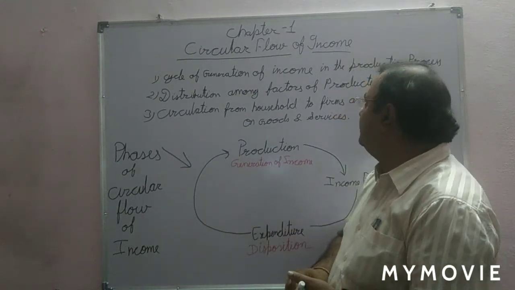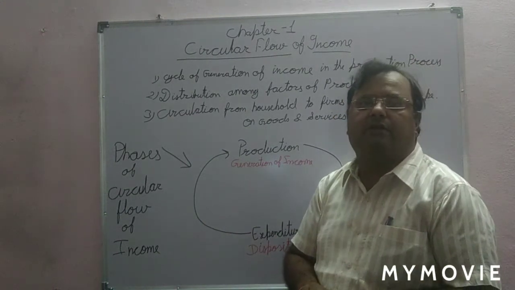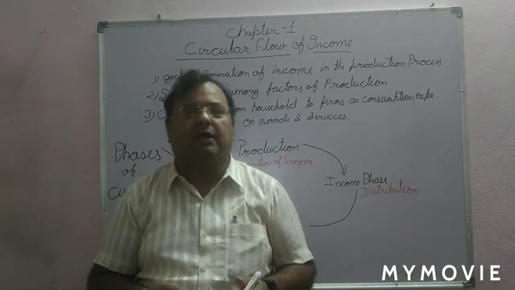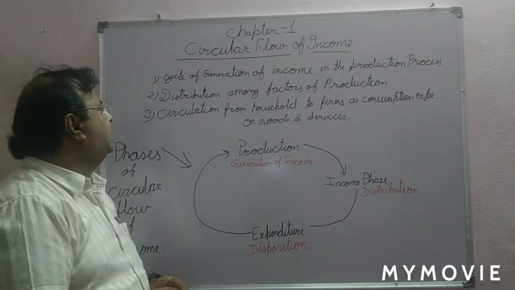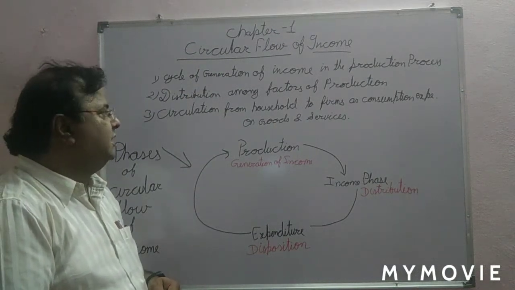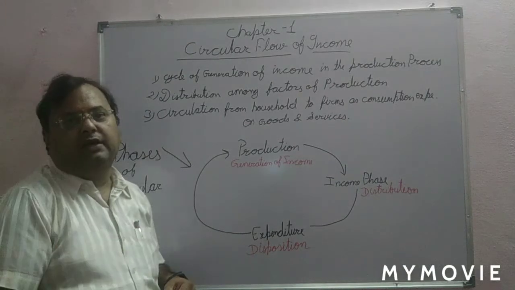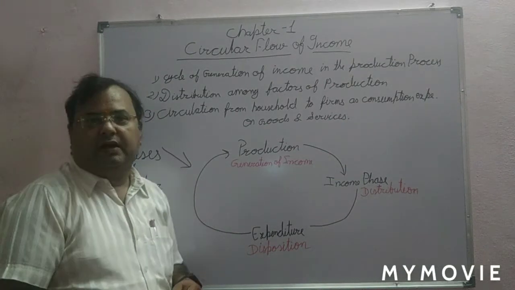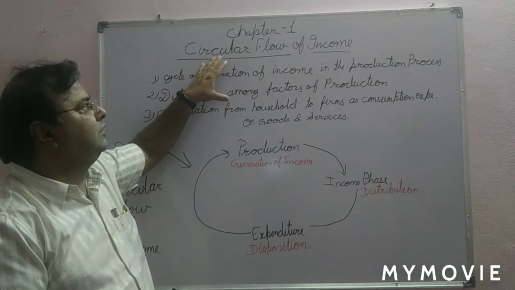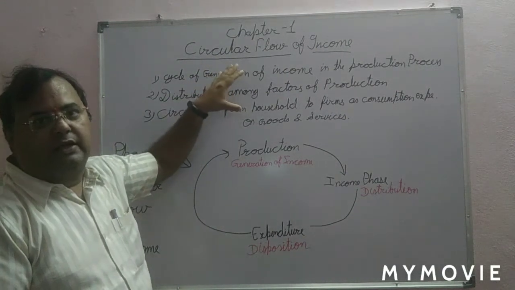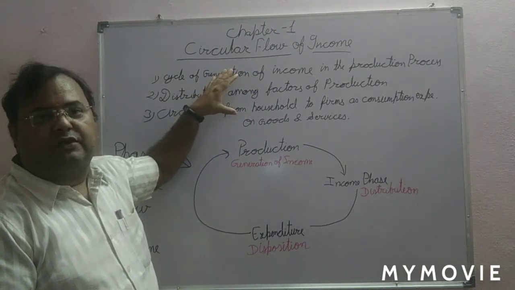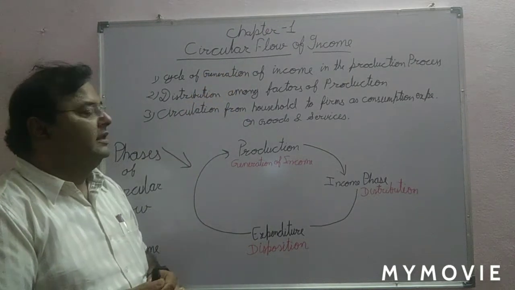Second, distribution among factors of production. Factors of production stand for land, labor, capital, and enterprise. And third, circulation from households to firms as consumption expenditure on goods and services, right? So these three features make up the circular flow of income in the economy. It's the definition of circular flow of income.